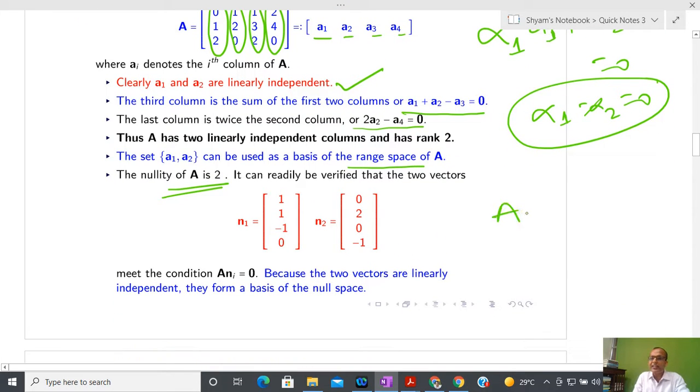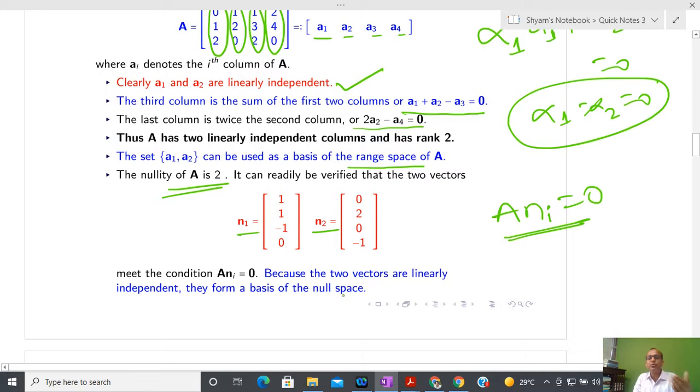I can select any null vector ni. Since nullity is 2, I have to solve this equation. A is given. Now I have to adjust ni such that the product of these two is 0, and just 2 is enough, because if I know the 2, then I am able to identify any other null vector. But whenever we are selecting 2, I have to make sure they are linearly independent.